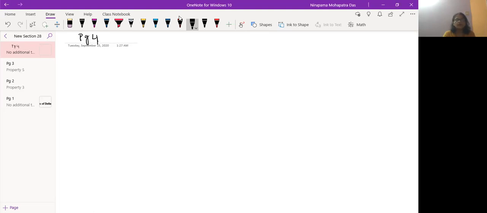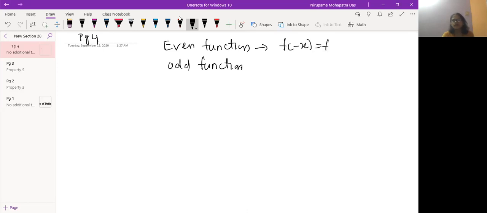So you know what is an even function, and you know what is an odd function. So f(x) is called an even function if f(minus x) equal to f(x). That means by changing the sign of the variable, no change in the value of the function.